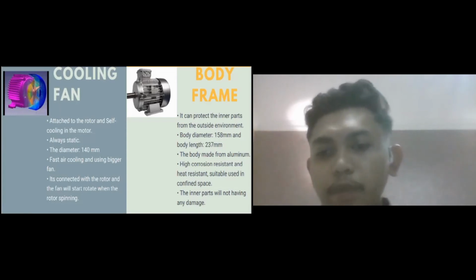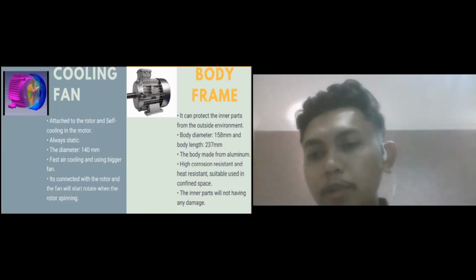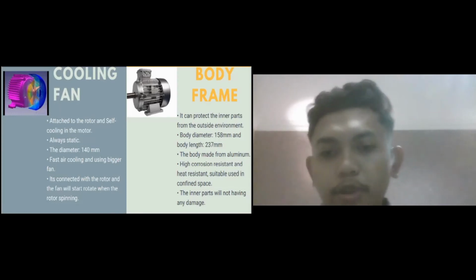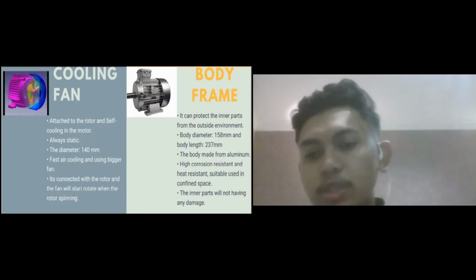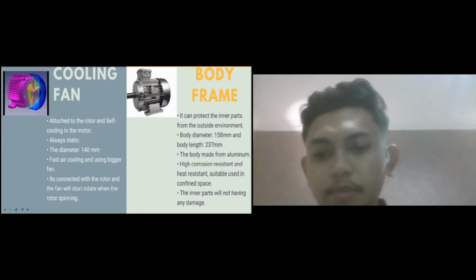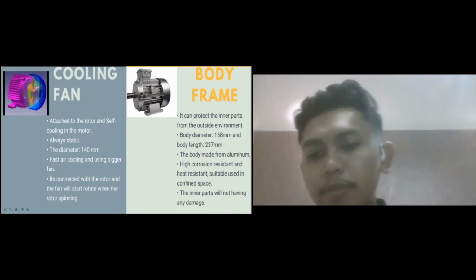The body frame is made from aluminum. It is highly corrosion resistant and heat resistant, which is suitable for use in confined spaces. The inner part of the body frame will not suffer any damage.